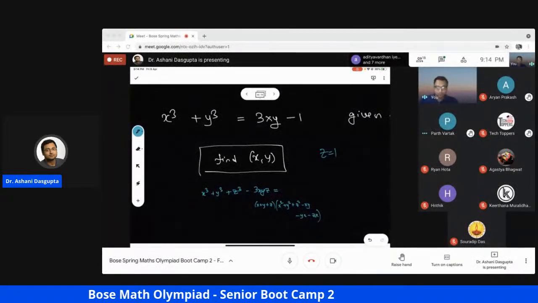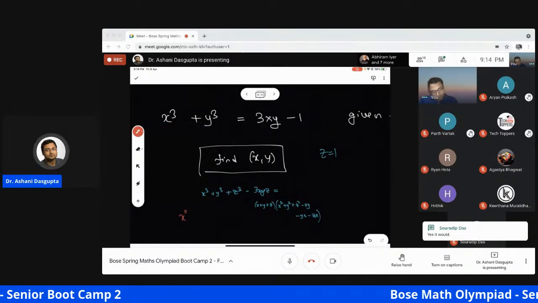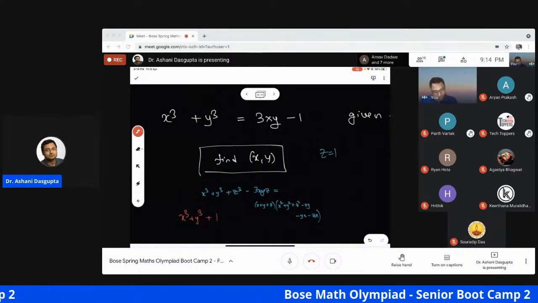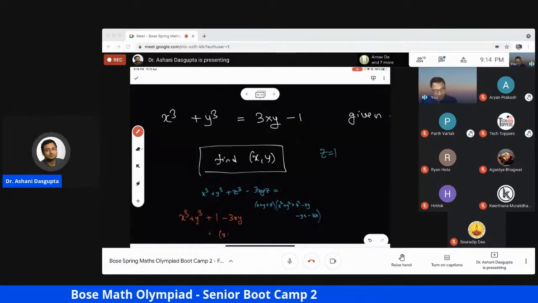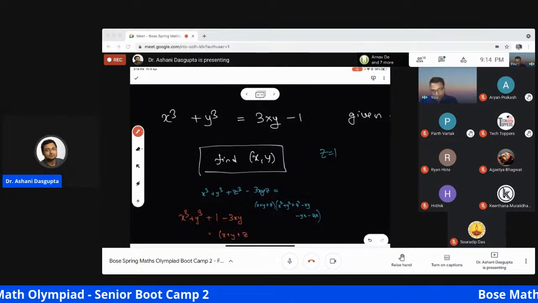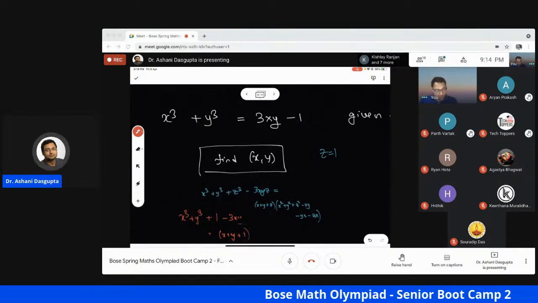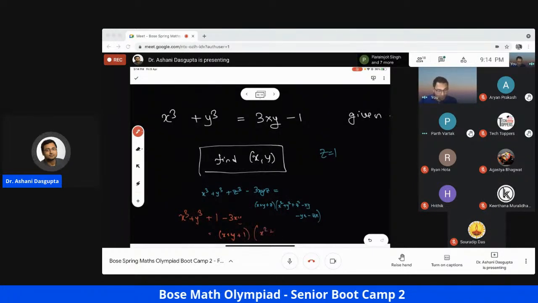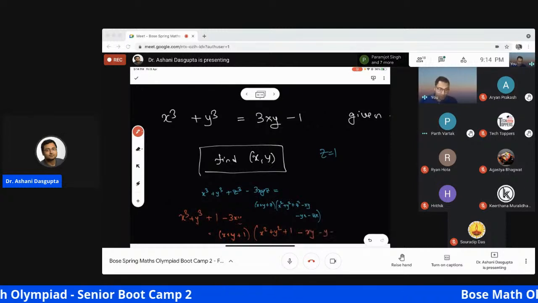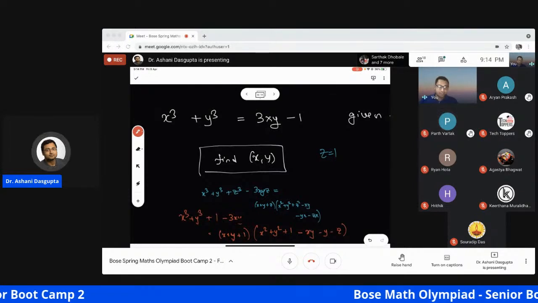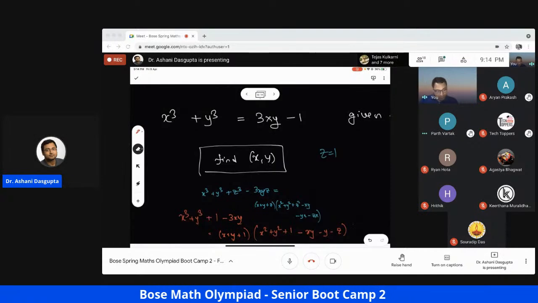Yeah, this might work. So we will get x cube plus y cube plus 1 minus 3xy is equal to x plus y plus 1 times x square plus y square plus 1 minus xy minus y minus x. Sorry, z is 1.